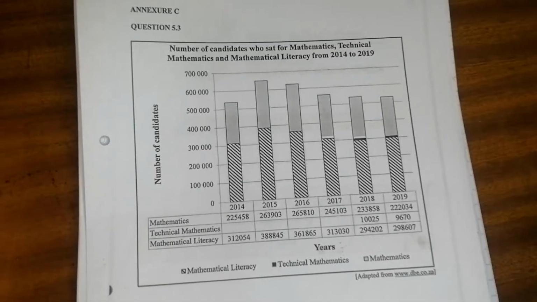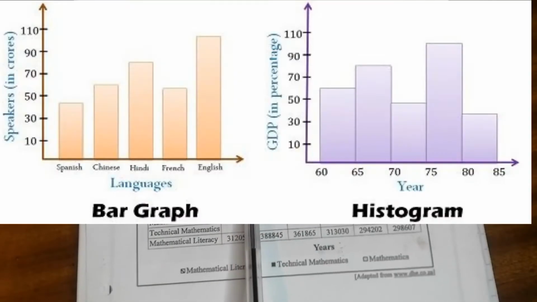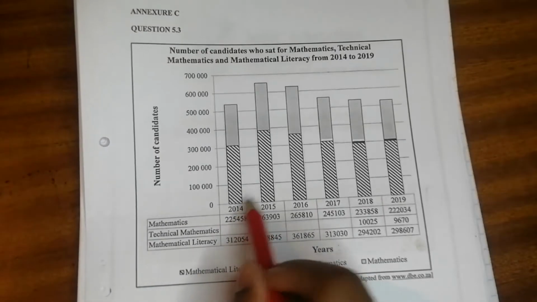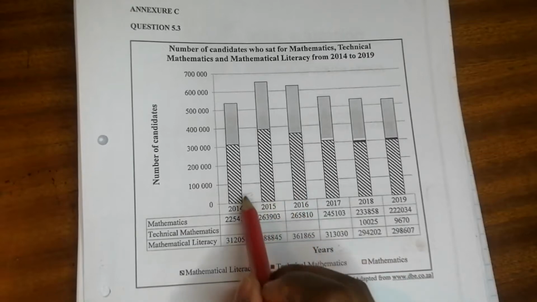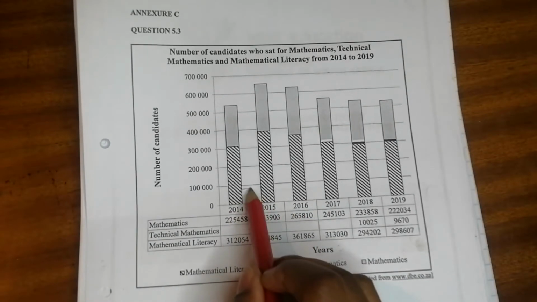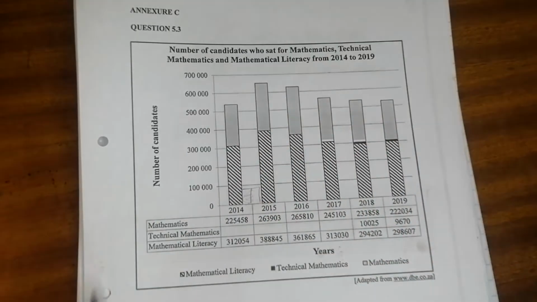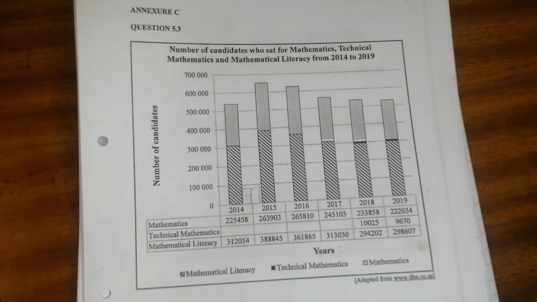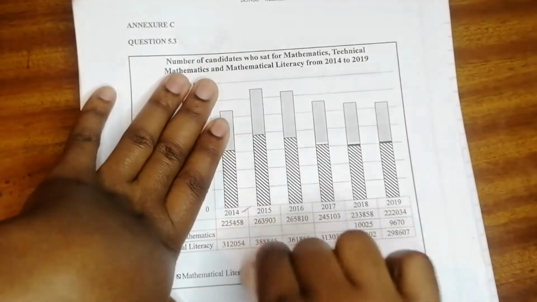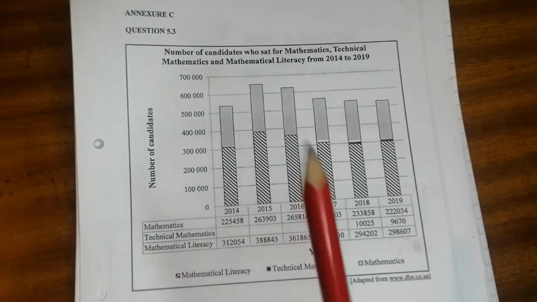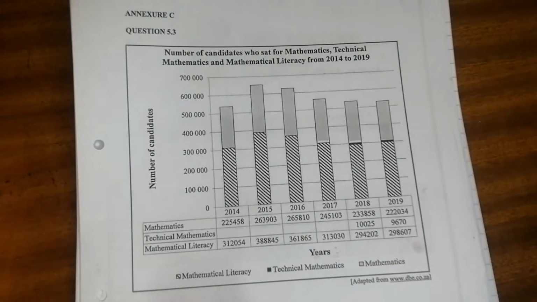It is also not a histogram, because with a histogram we don't have these open spaces; the bars would be combined. So this is definitely not a histogram, but it is most definitely a stacked bar graph. I'm sure we are clear there.